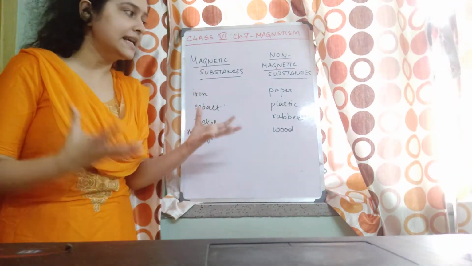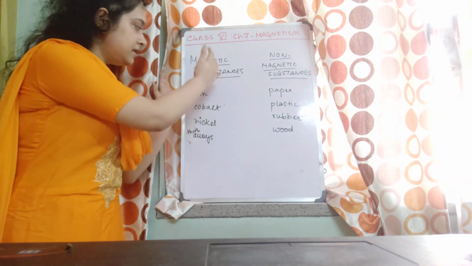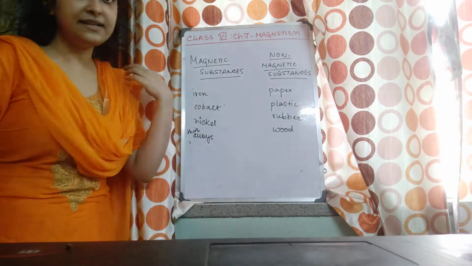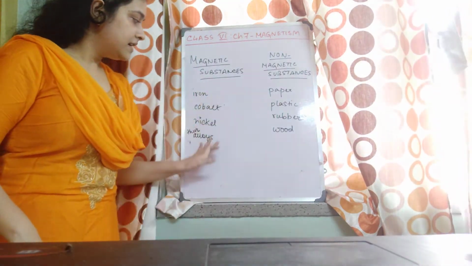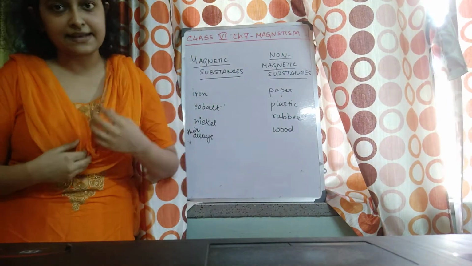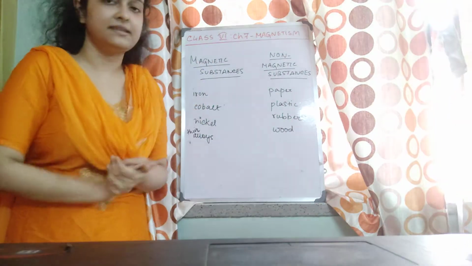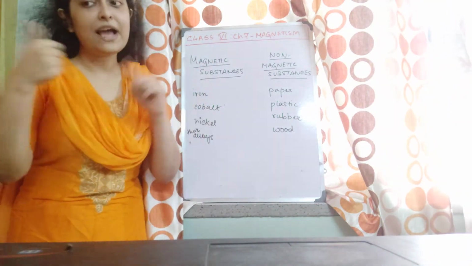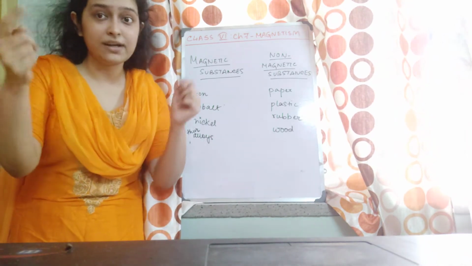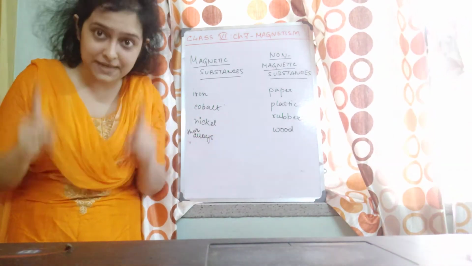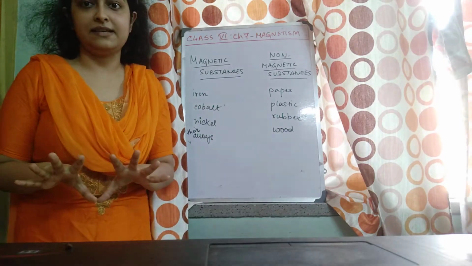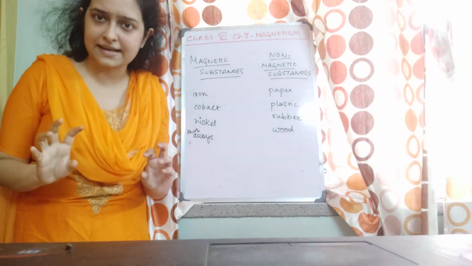Iron, cobalt, nickel, the materials made of all these are attracted by magnets, so they are known as magnetic substances. Whereas, what have we seen? The plastic ruler is not getting attracted by the magnet. That means there are substances which are not attracted by a magnet.